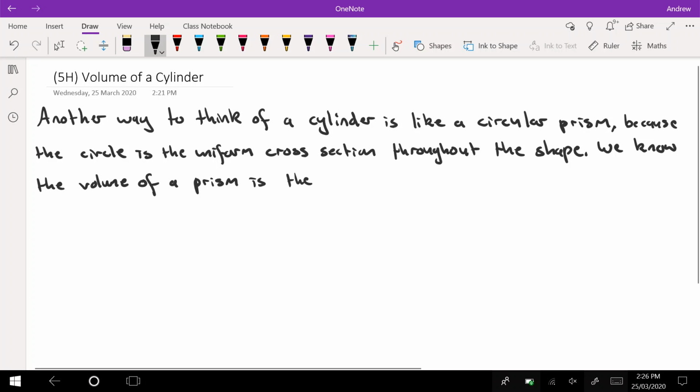I'll put base in quotes, because when I say the base, I don't mean the bottom, I mean the cross-sectional base. I mean the shape that is the same throughout the entire prism. Sometimes when people say base, they think what's on the floor, but that's not the case here.